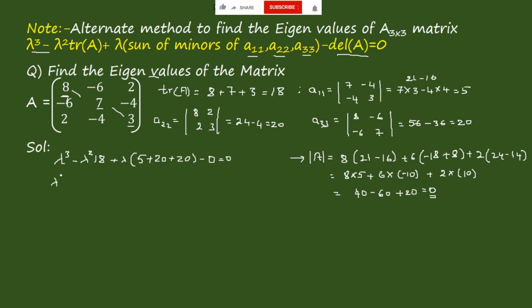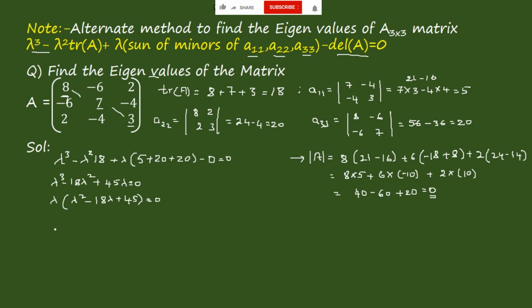So we get lambda cube minus 18 lambda square plus 45 lambda is equal to 0, where 45 is the sum of those minors. If you take lambda as a common term, then it becomes lambda square minus 18 lambda plus 45 is equal to 0.